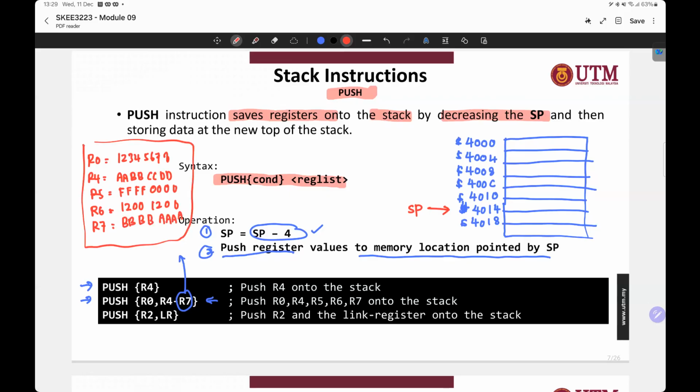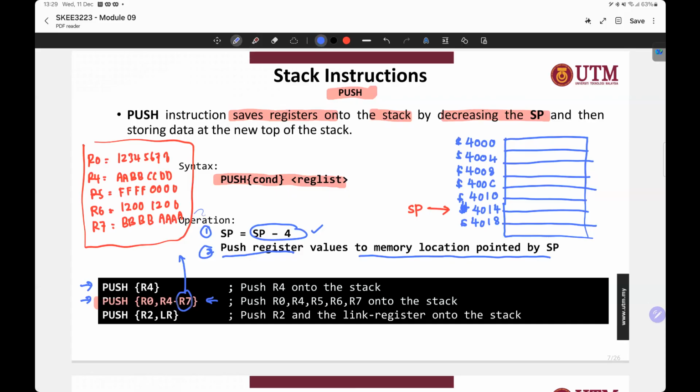Now you have this instruction here, which is push R0, R4 dash R7. Looking at this, you have a total of 5 registers that you're going to push their data to your stack. Your stack pointer points to address 4014. After you execute this line, what happened?